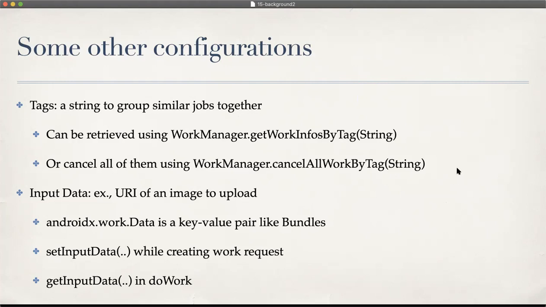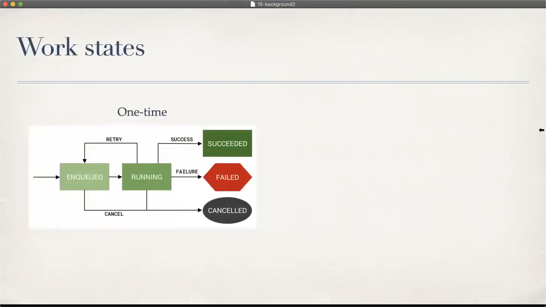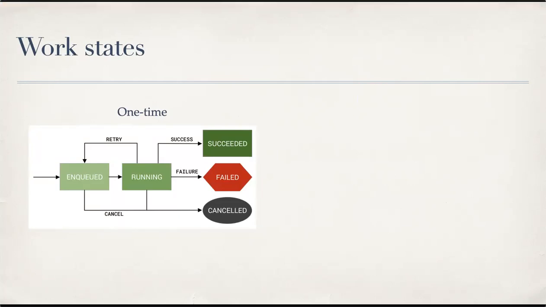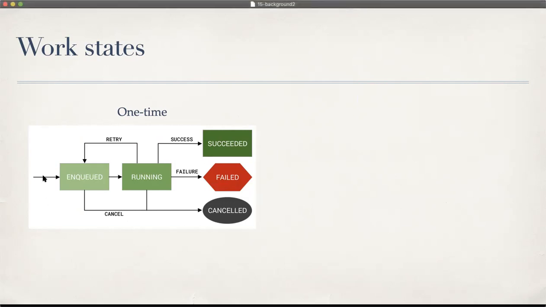All right. So next, we have different work states. There are two different categories for the two different types of works, the one-time request and the periodic request. So the one-time request can go through all these different states. It's created before this point, then it's enqueued, and eventually it is running. That running request can succeed and go to the succeeded state.